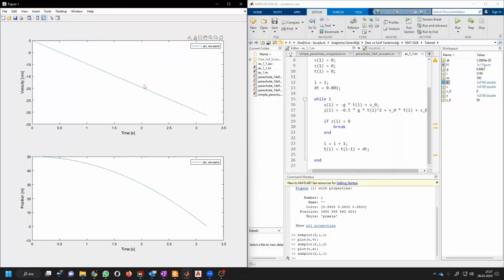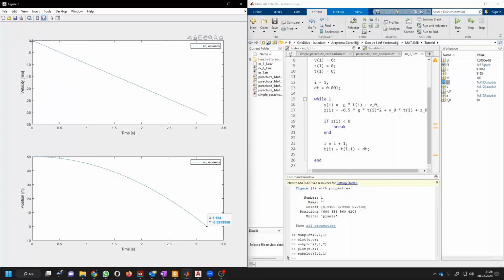Okay, if we look at these graphs briefly, we can see that our position initial condition is true and starts from 50 meters above the ground level, and it approaches minus 0.02, basically ground, here at 3.2 seconds.